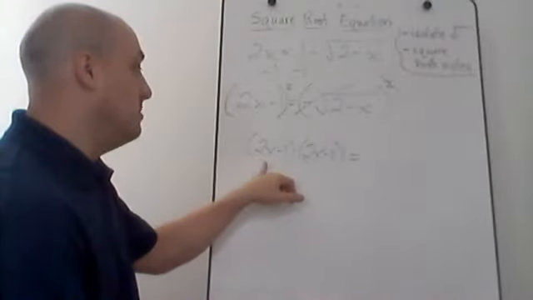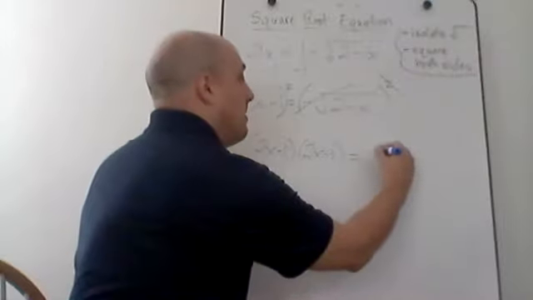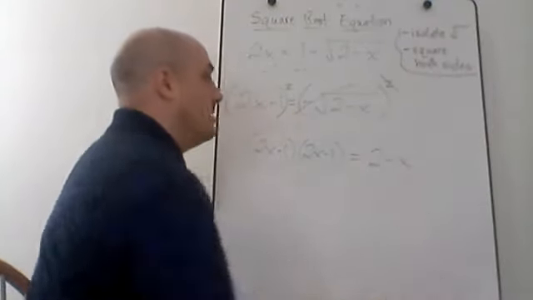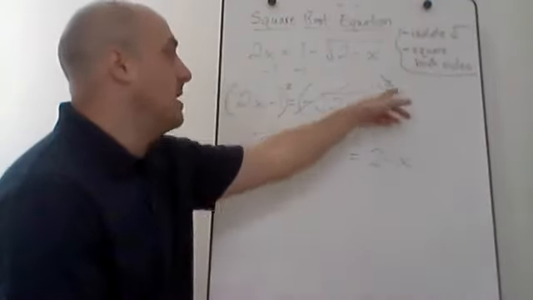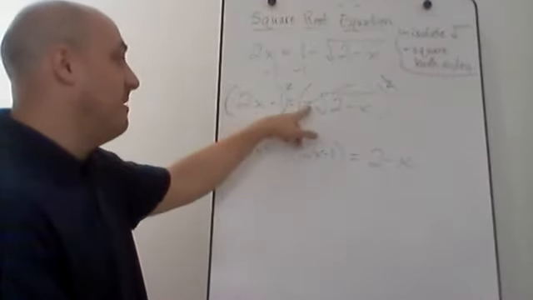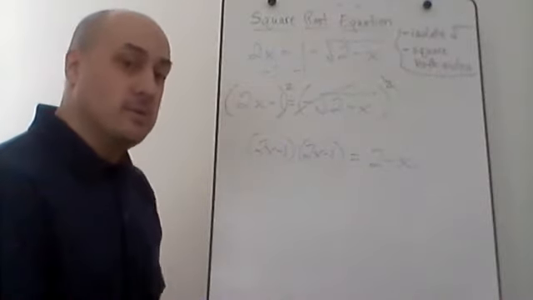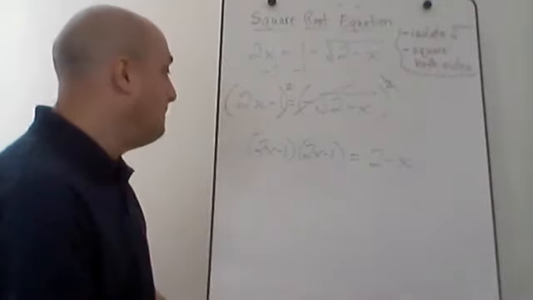That thing there that has the two terms. Right, so we'll multiply that out in the next step, and that's going to equal the stuff that was underneath the square root on the right side, which is just the 2 minus x. Right, the second power there cancels out that square root. All that's left is what's underneath. And again, that negative out front, when I do a negative times a negative, it comes out to a positive, so that negative also disappears there when I raise it to the second power.